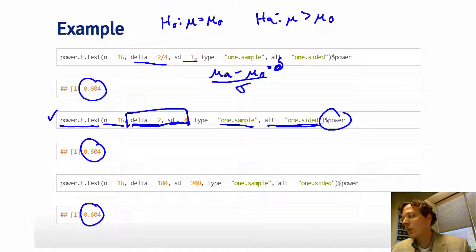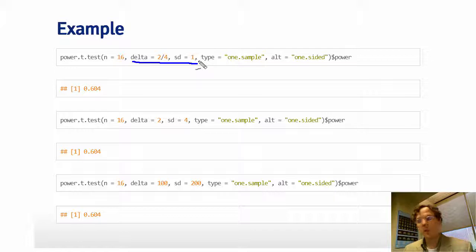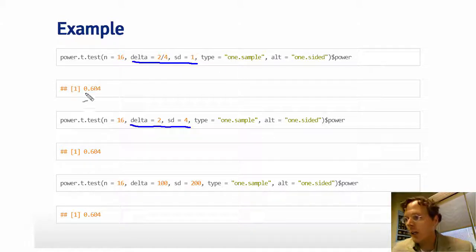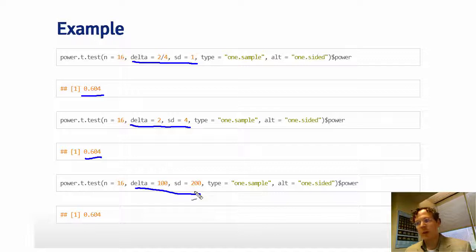So delta divided by SD is equivalent between that power.t.test call and this power.t.test call, and that's why they give the same number. The same thing is true here, where it's 100 and 200, and if you divide the two, you get 0.5, so it's also true there.